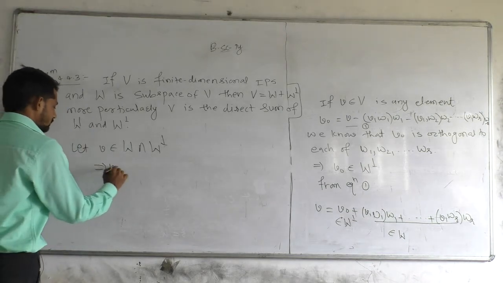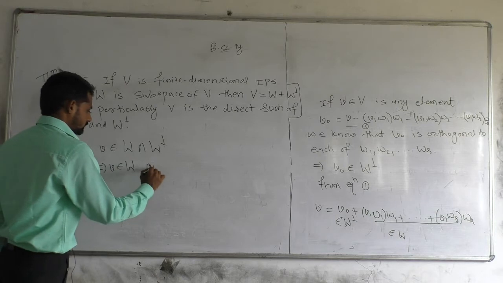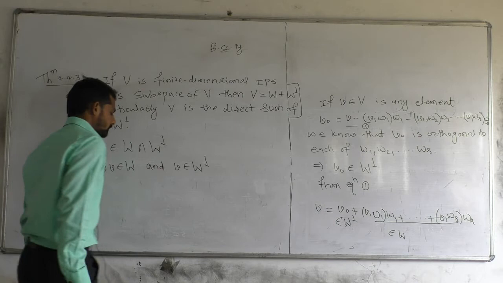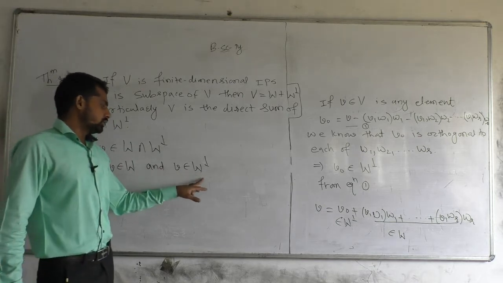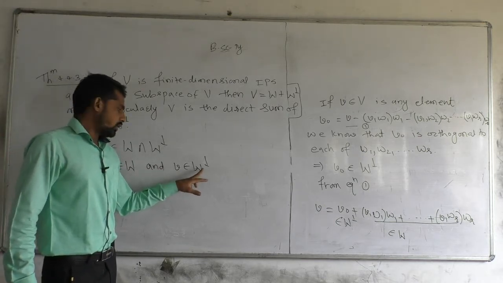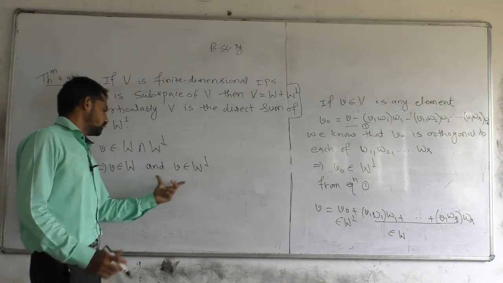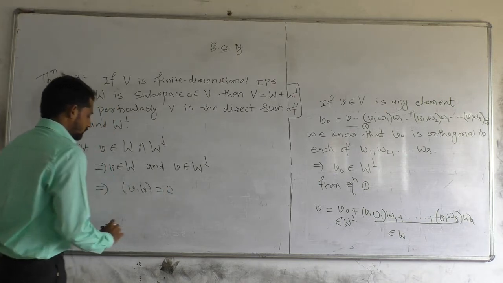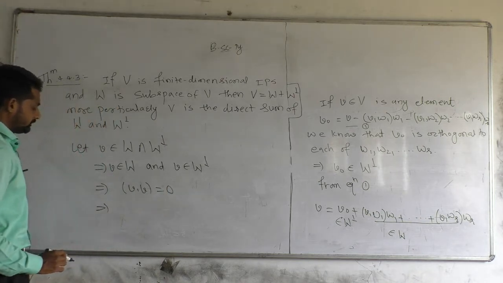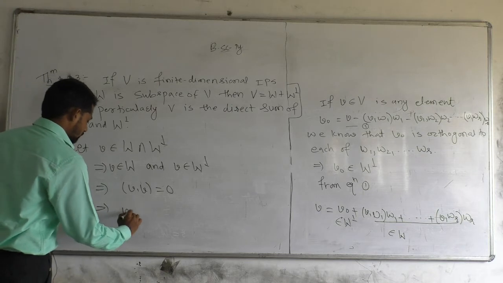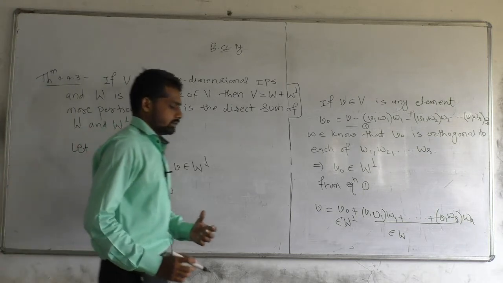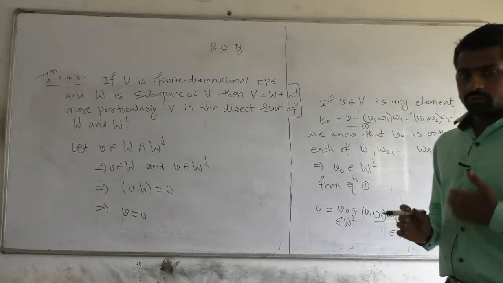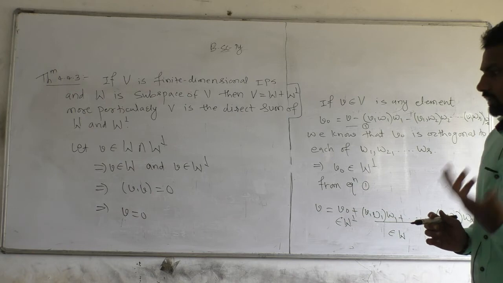This implies that v belongs to W and v belongs to the orthogonal complement of W. If v belongs to the orthogonal complement of W and v belongs to V, then we can say that the inner product of v comma v is equal to 0. This implies that v is equal to 0. Because we know that the only element whose inner product with itself is 0 is the 0 element.